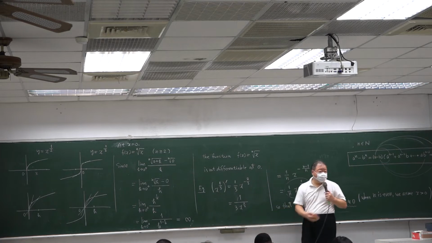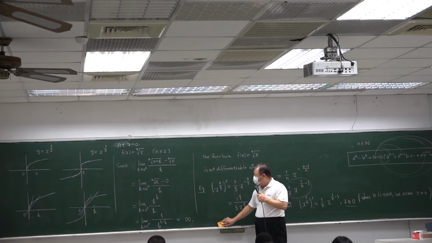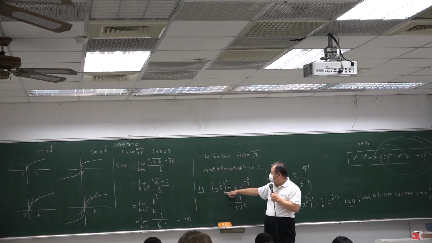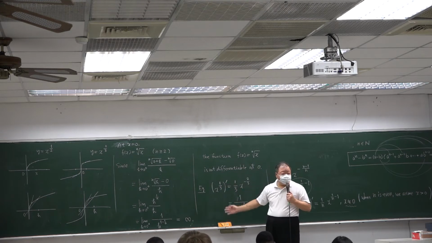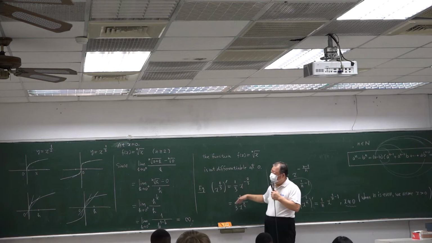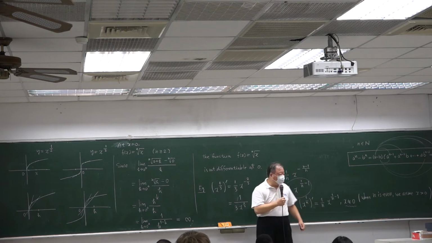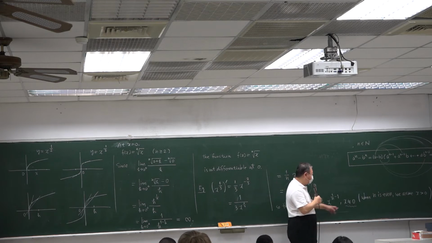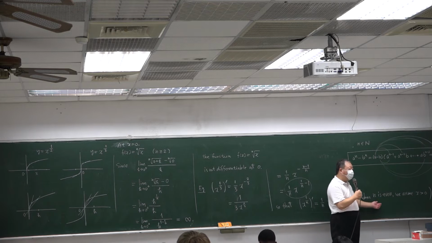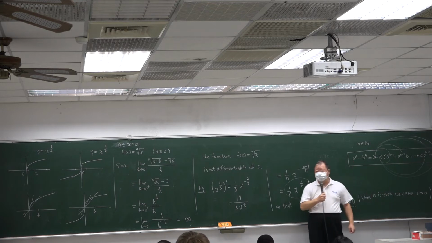When we derive this formula, we already assume x is non-zero, and also when n is even, we even assume x is positive.